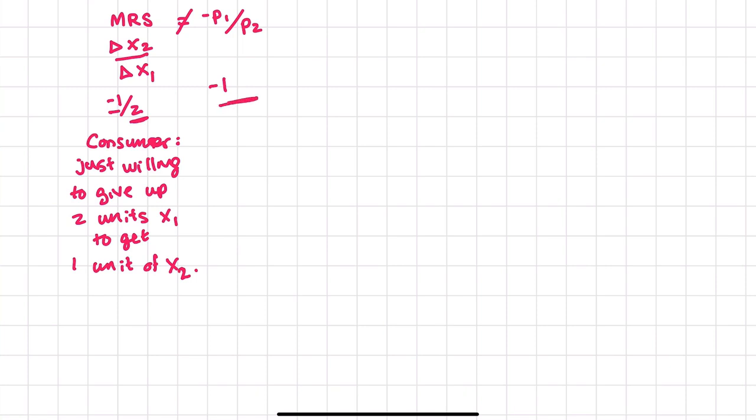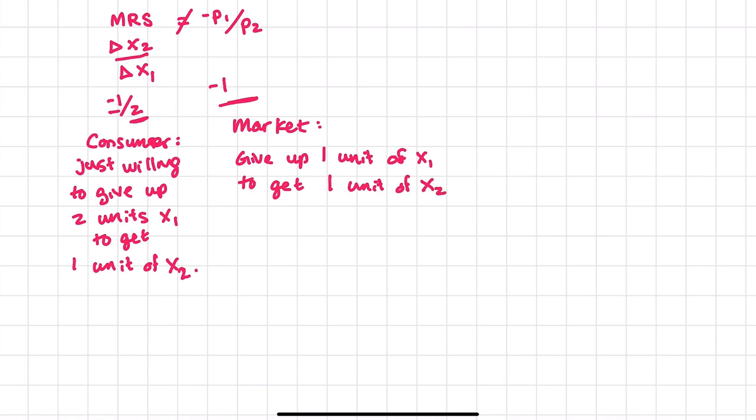The negative of the price ratio says the market lets you give up 1 unit of x1 to get 1 unit of x2, right? If you sold a unit of x1, then you'd get $1, which you could use to buy 1 unit of x2.